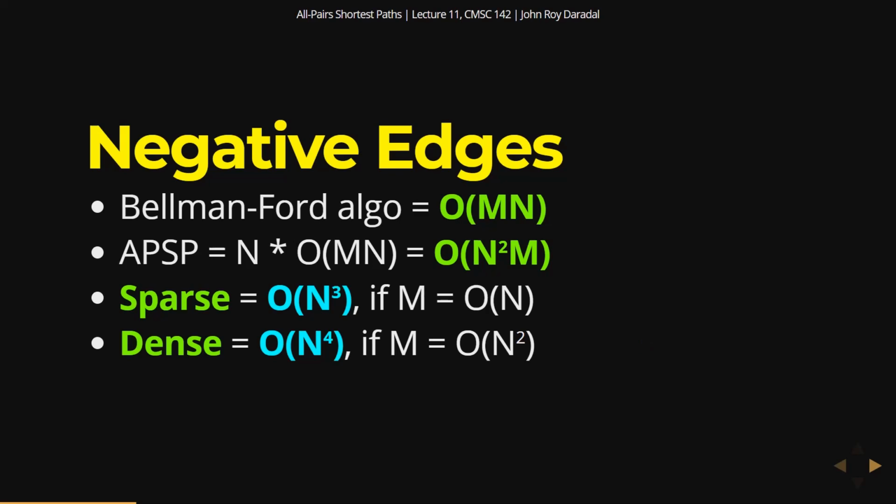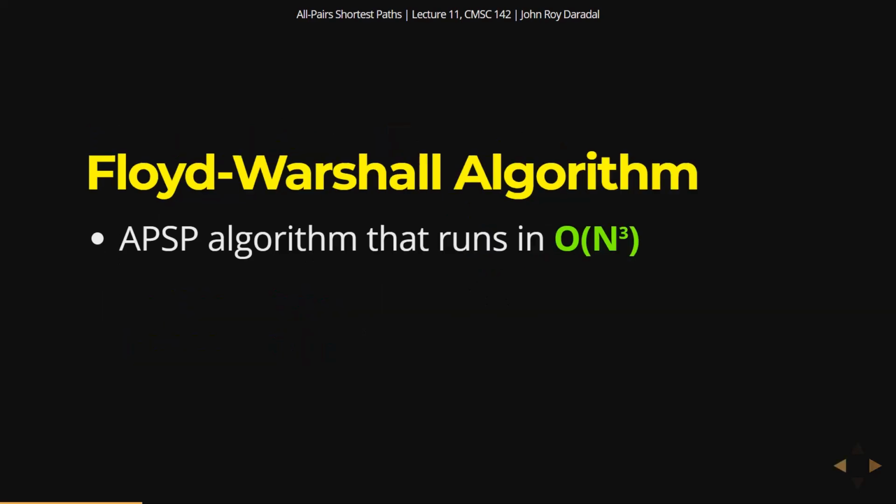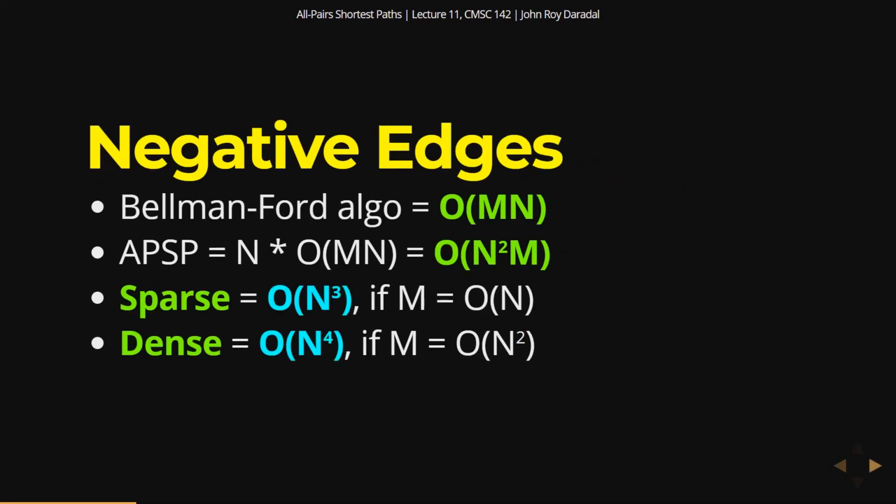So, it depends on the graph, whether it has negative edges or not, and whether the graph is sparse or dense. Okay? So, let's see the first APSP algorithm, which is the Floyd-Warshall algorithm. It's an APSP algorithm that runs in O of n cubed. So, it's better than some of the options here than just running an SSSP algorithm n times.